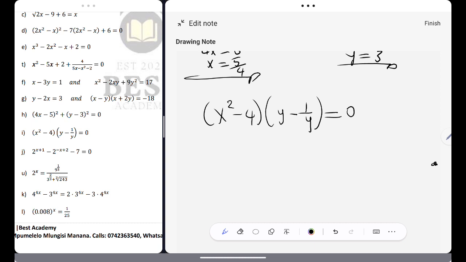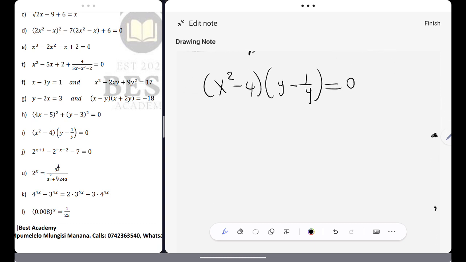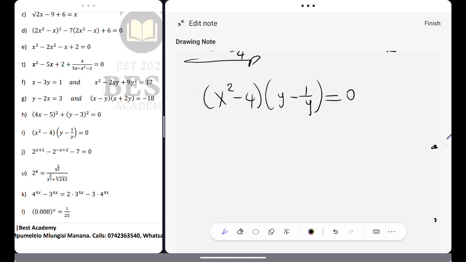In this case, you do the same thing as well. Here you have two things multiplied and the answer is 0. If you listen to the first lesson video where I teach factorizing, there are steps of solving for x there, and the last one says that if you have two things multiplied and your answer is 0, it's either your first thing is equal to 0 or your second one is equal to 0.